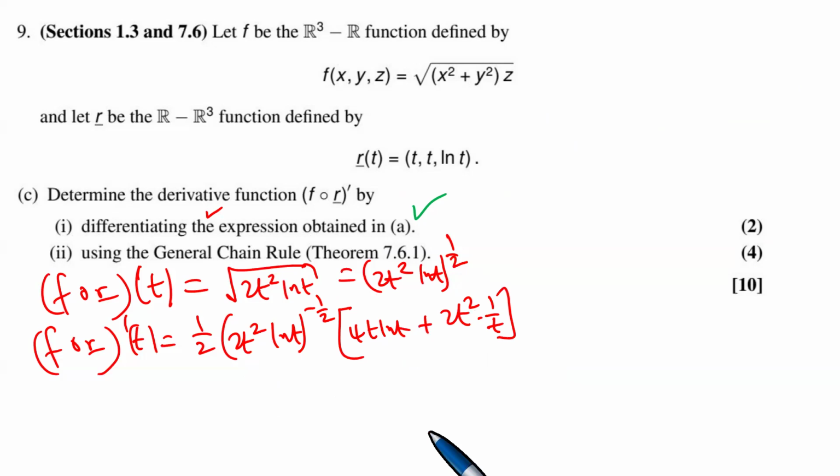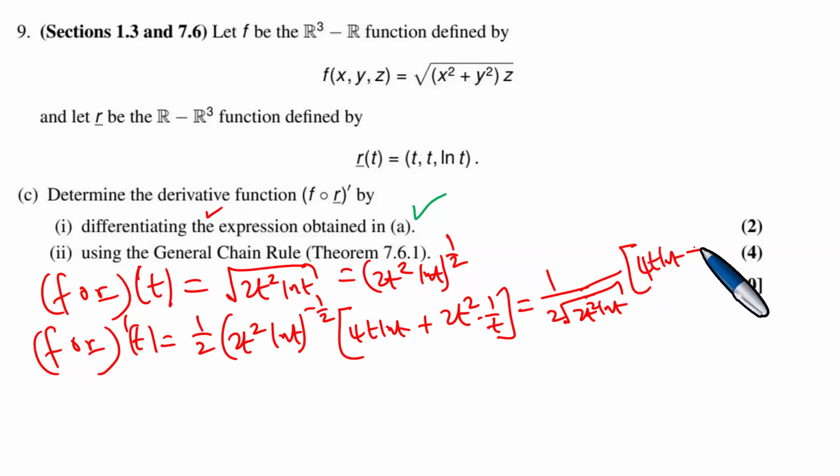Okay, so that is what we get exactly, and therefore this is the answer. It remains to just simplify this. So it is 1 over 2, the square root of 2t squared ln t, times 4t ln t plus 2t.